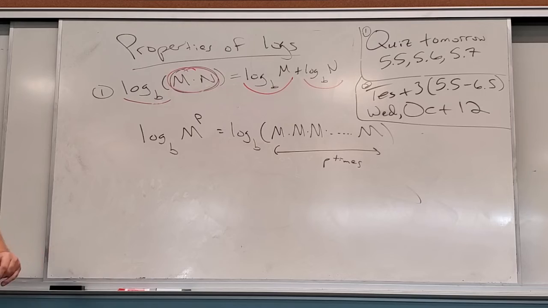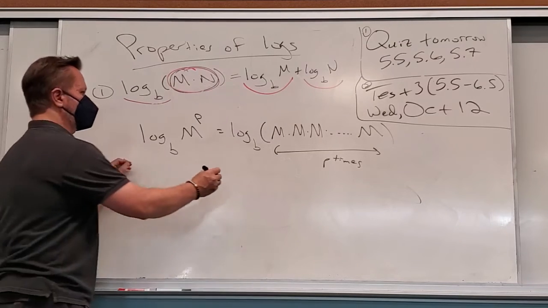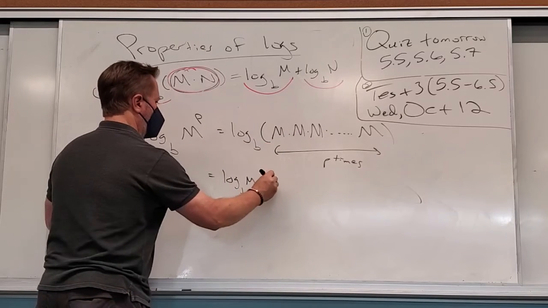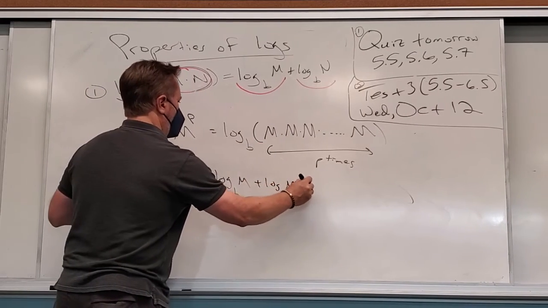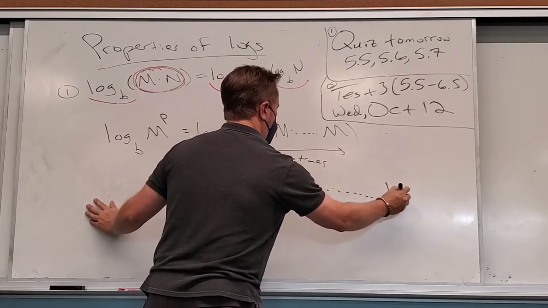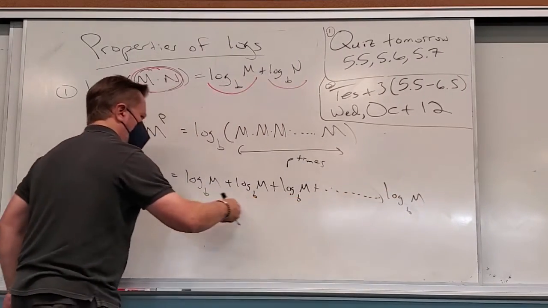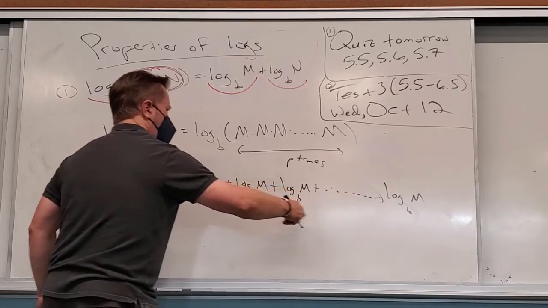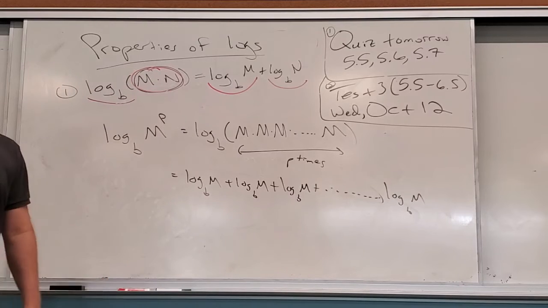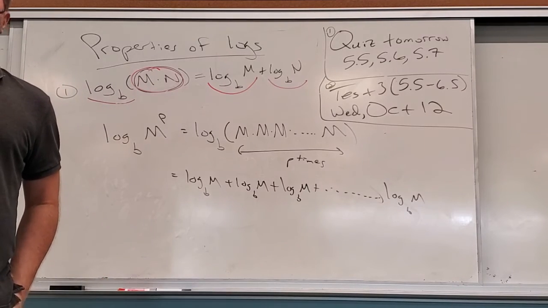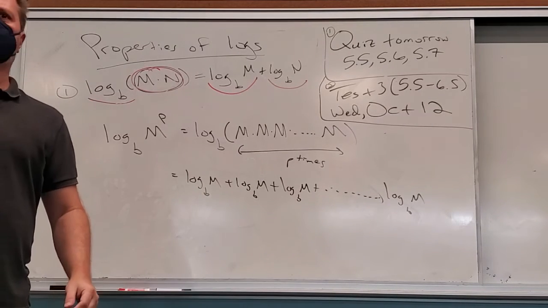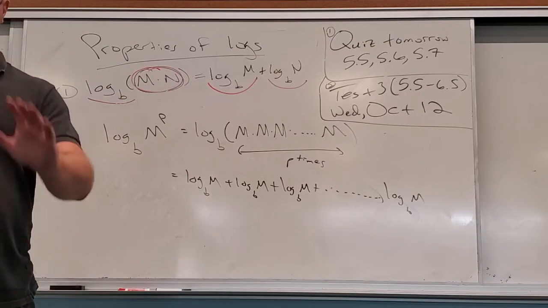Can't I do what we just did? Isn't this equal to log base b of m plus log base b of m plus log base b of m plus, and how many of these will I get? P of them. So what's x plus x? 2x.